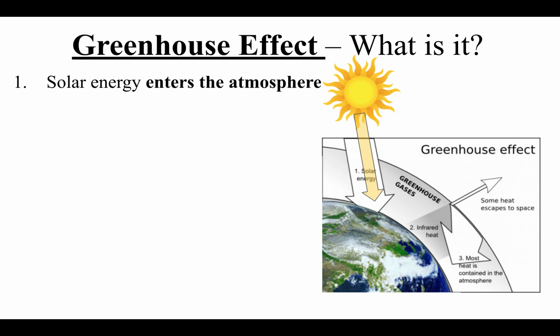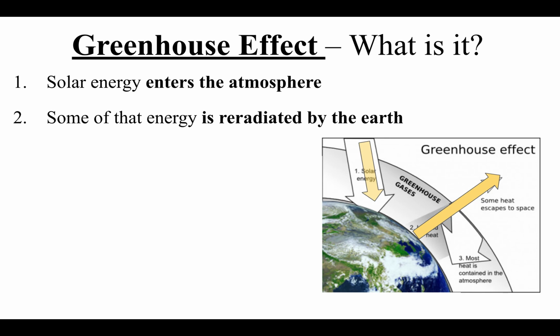Once energy comes into our atmosphere, there are two options of things that can happen to that energy. The first is that some of that energy is re-radiated by the Earth. That means that it essentially bounces off the Earth and goes back into space.